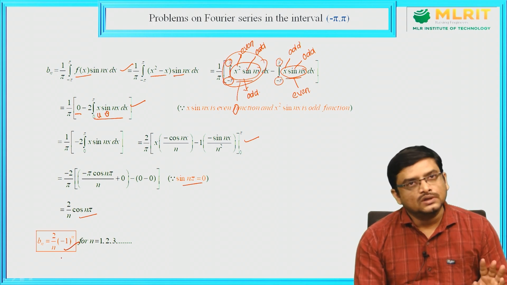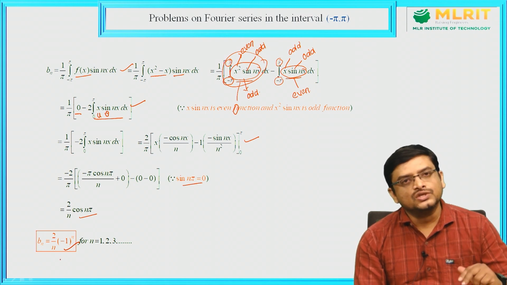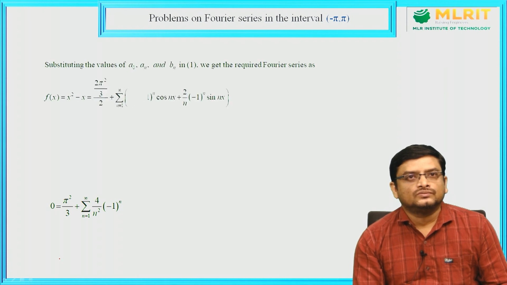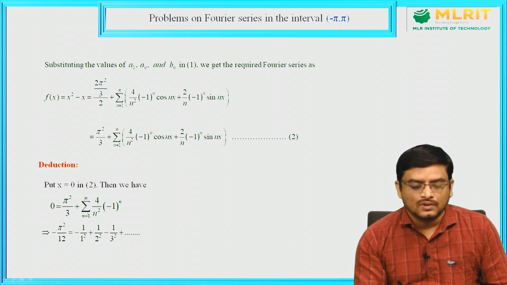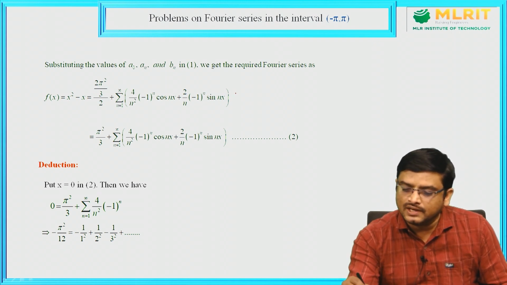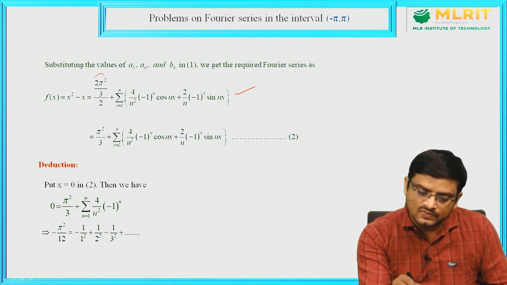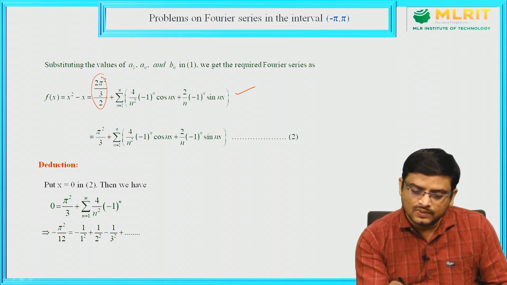Now we got a naught value, bn value, an value. Now you substitute all these values in equation 1. Okay. After substituting that a naught, an, bn here in equation 1, we got this value. Now simplifying this, finally we got x equals pi square by 3 plus summation n is equal to 1 to infinity.